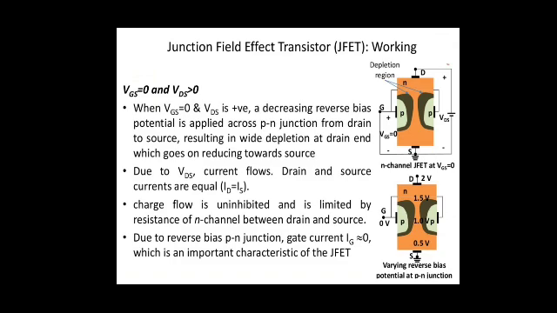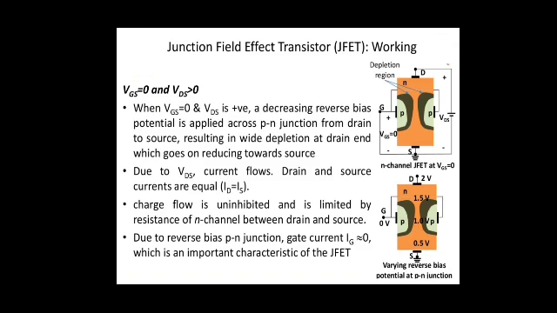Now once again, after maintaining VGS equal to -2, you try to increase the VDS. Whenever you apply VDS up to a certain value, as you apply VDS, ID also will keep on increasing up to a certain point.